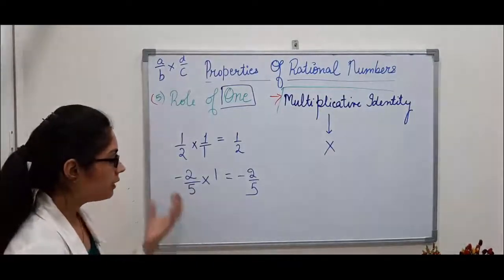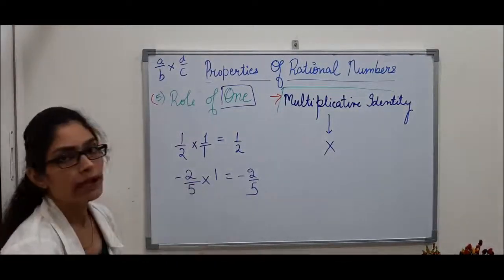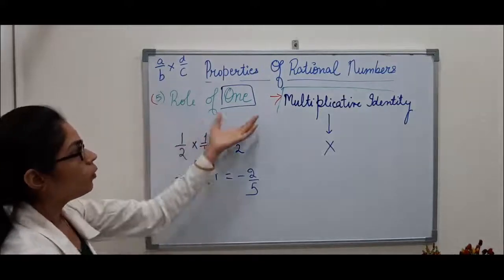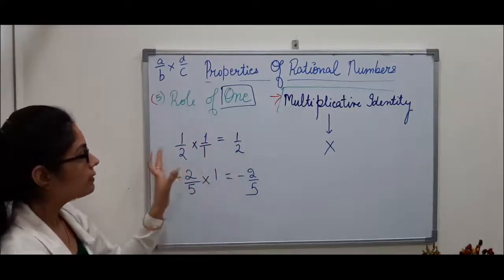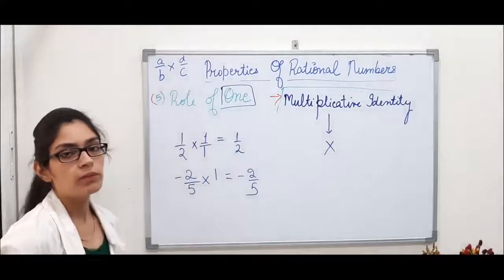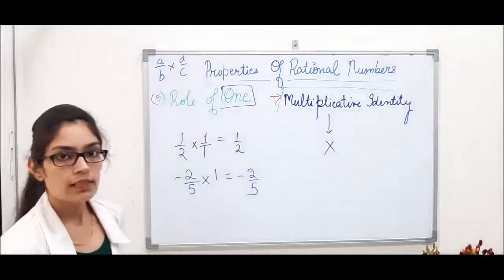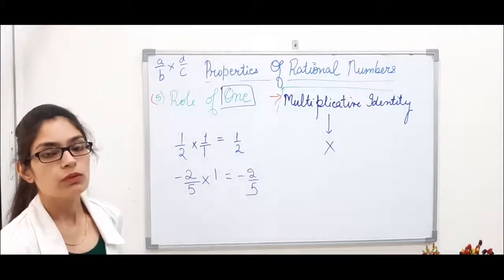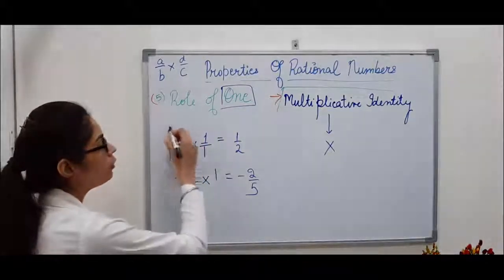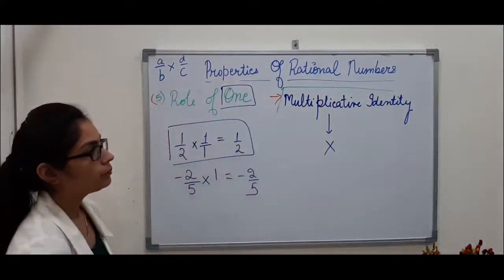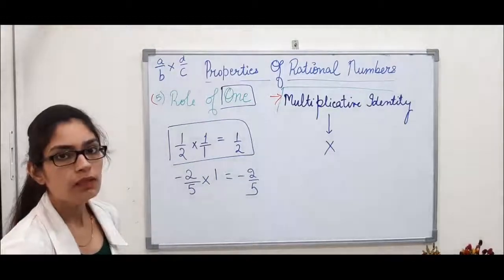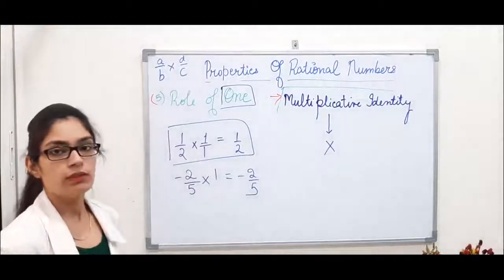This rational number gets its own identity back on multiplying with 1, which means the role of 1 is that 1 is the multiplicative identity of rational numbers. So 0 was the additive identity, so on adding you get the same number. Now on multiplying you get the same number.